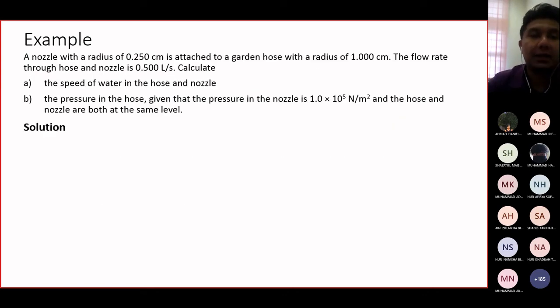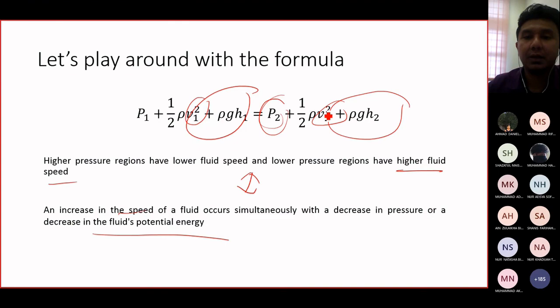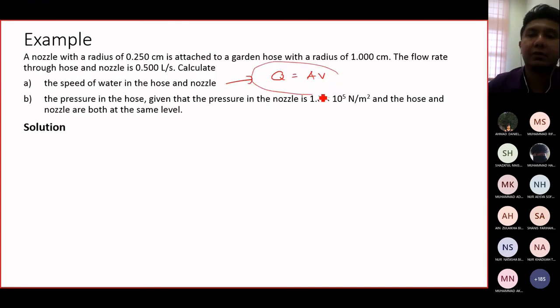Now, please go back and look at the example once I have uploaded the lecture notes. Please go through. This involves Q equals AV. Sometimes the question doesn't give you this value V, so you have to find it using this equation.